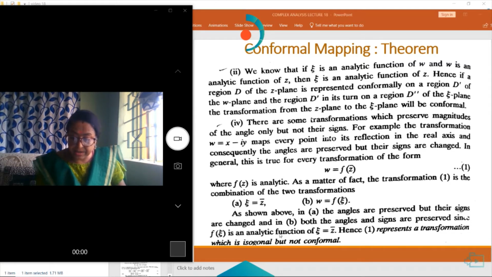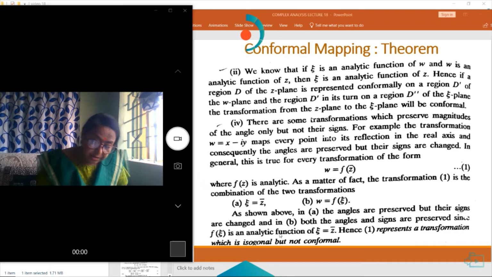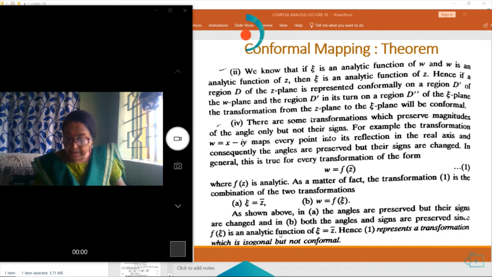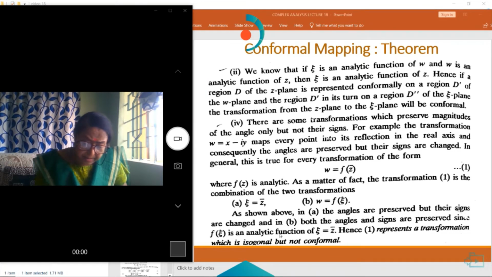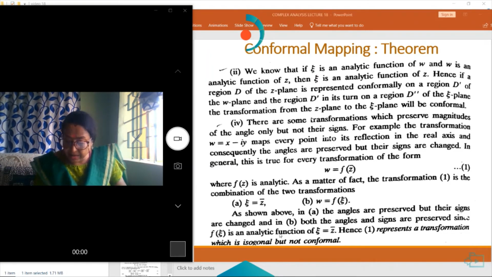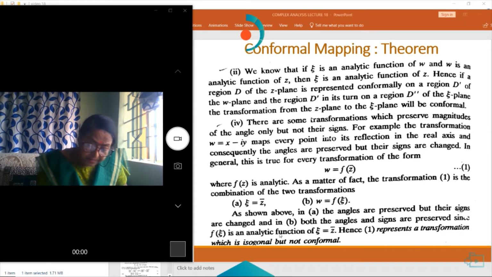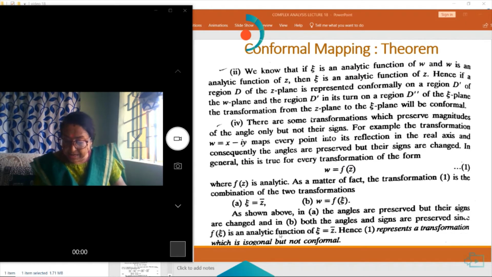where f(z) is an analytic function. As a matter of fact, the transformation is a combination of two transformations. First one, zeta is equal to z bar, and w is equal to f(zeta). As we have seen above, the angles are preserved but their signs are changed. In the second, both the angle and the sign are preserved, since f(zeta) is an analytic function of zeta.